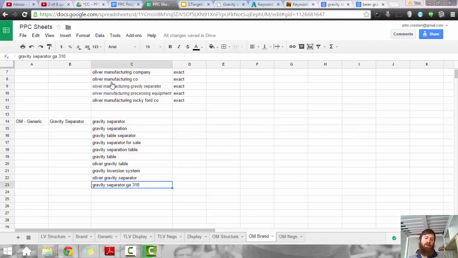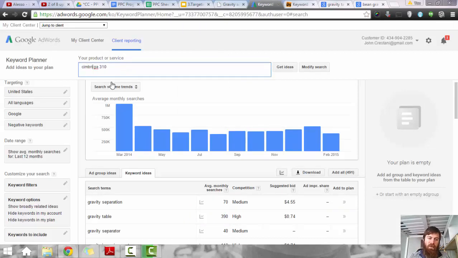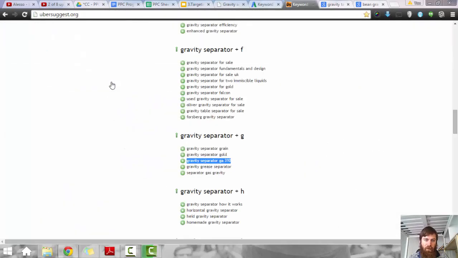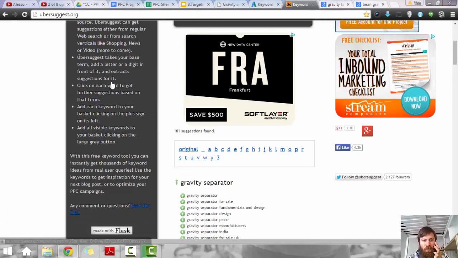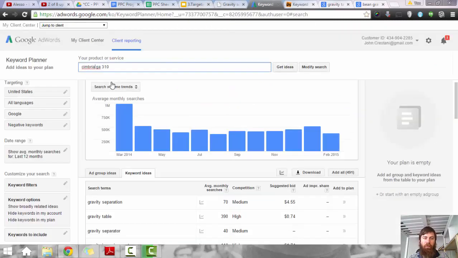So I'm guessing if they say gravity separator GA310, a term could be Cimbria. Is that it? Cimbria GA310. So let's see if that shows up.